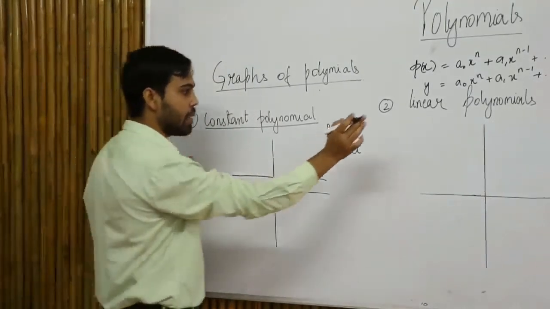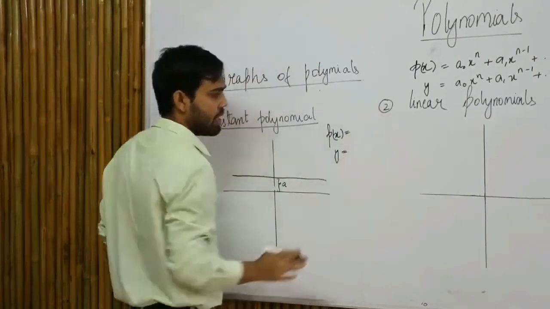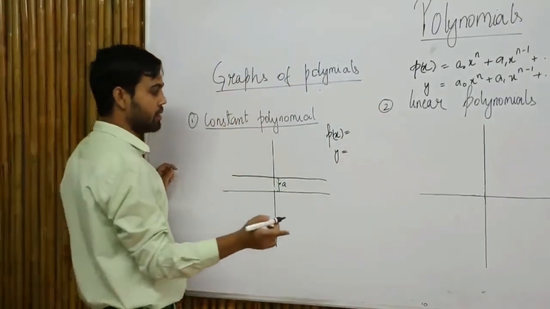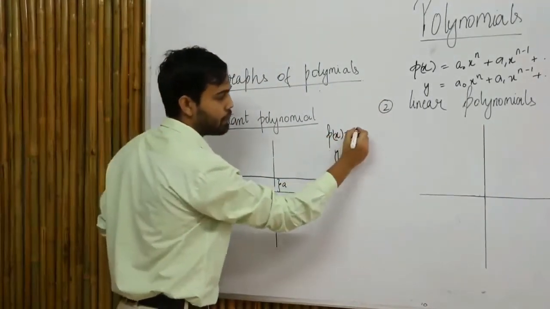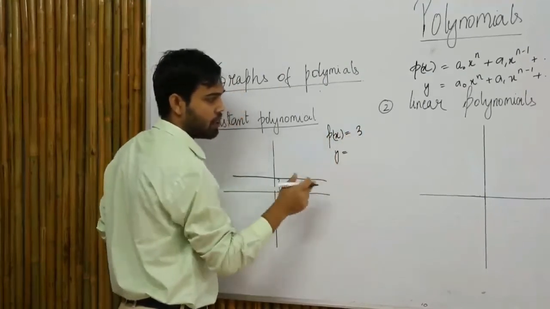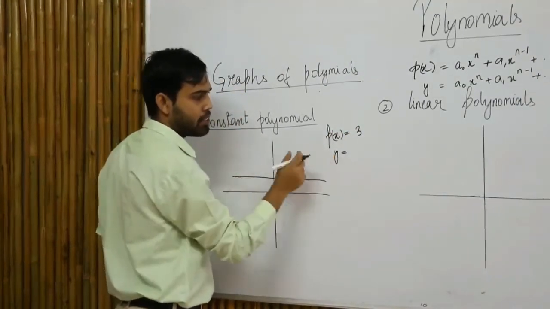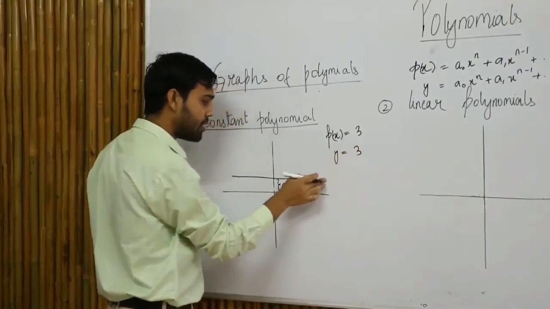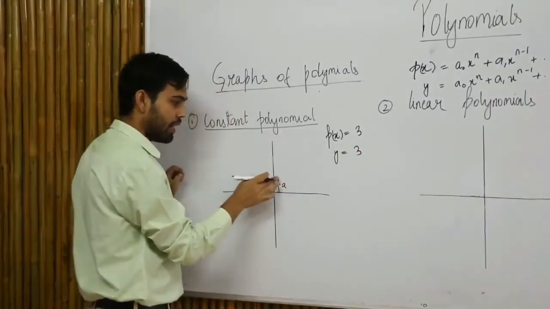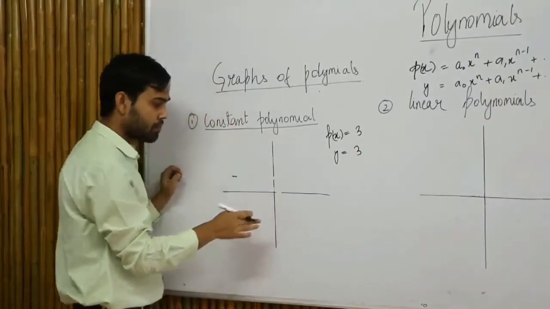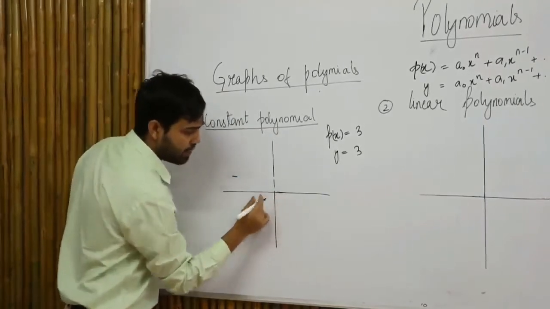Let us look at an example. Suppose I have taken my polynomial p(x) equal to 3. So I replace p(x) by y, so y is equal to 3. How will my graph look? We know how to assign points here.